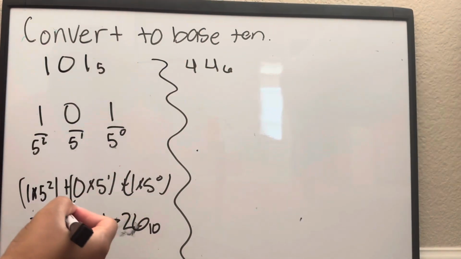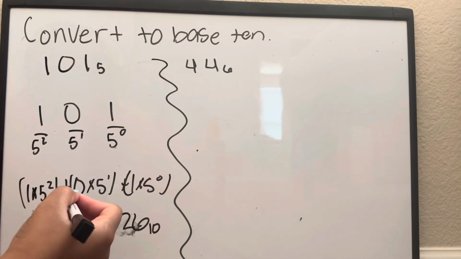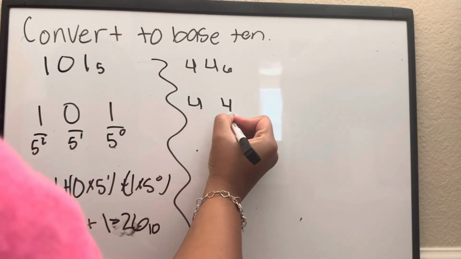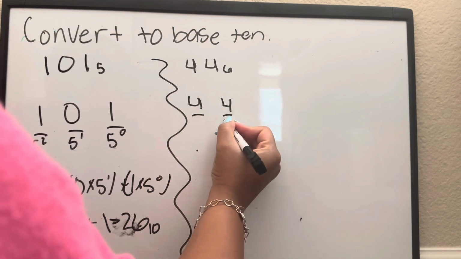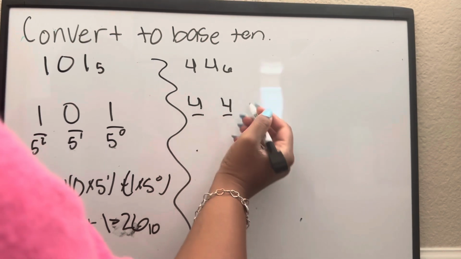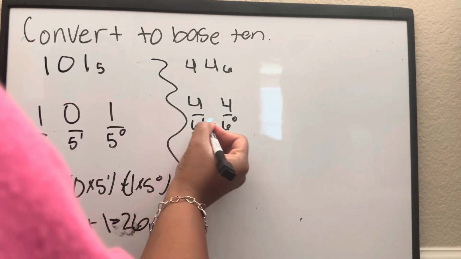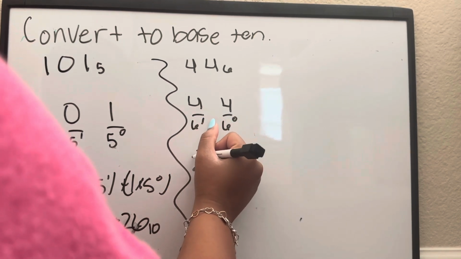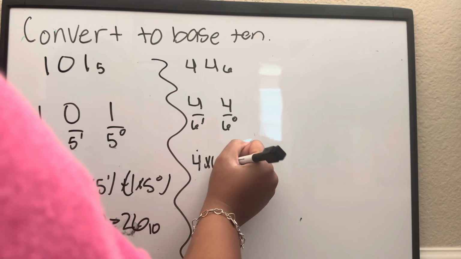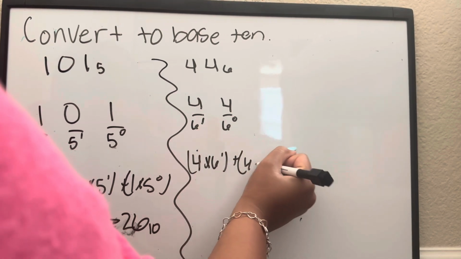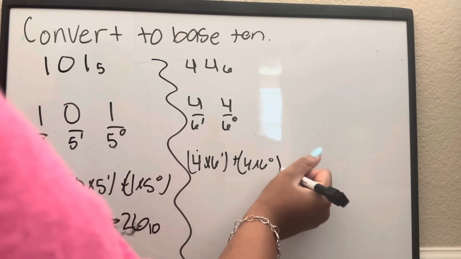So for another example, we have 44 with the base of 6. So again, we want to write out the number that we were given. Since we have the base of 6, we're going to do 6 to the power of 0 and 6 to the power of 1. So then we're going to multiply 4 times 6 to the power of 1 plus 4 times 6 to the power of 0.